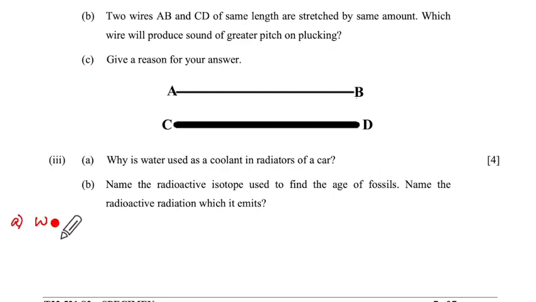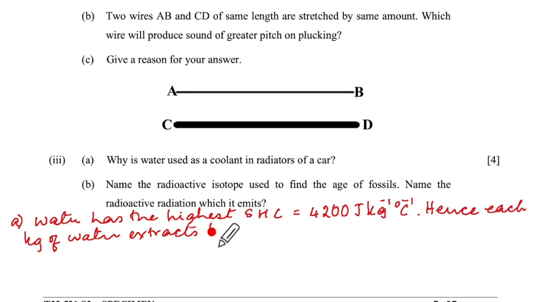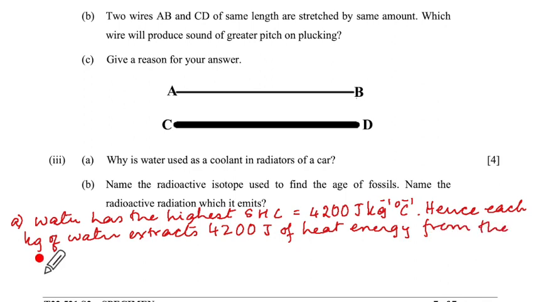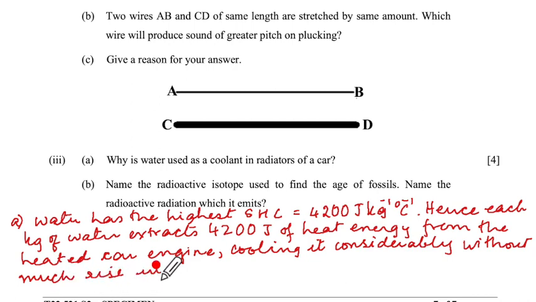We will say that water has the highest specific heat capacity, which is equal to 4200 joule per kg per degree C. Hence, each kg of water extracts 4200 joules of heat energy from the heated car engine, cooling it considerably without much rise in its own temperature.